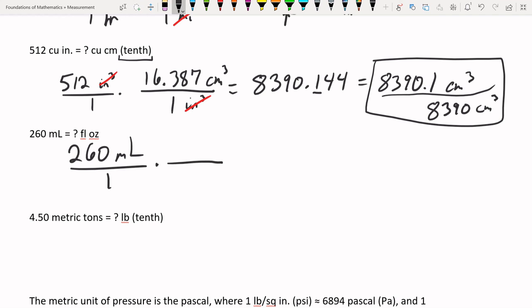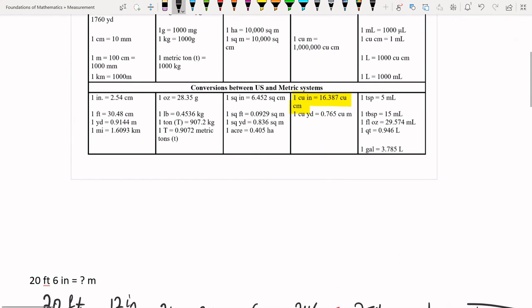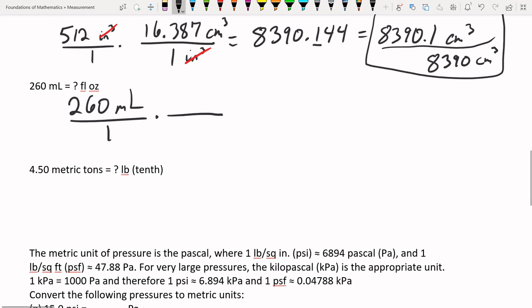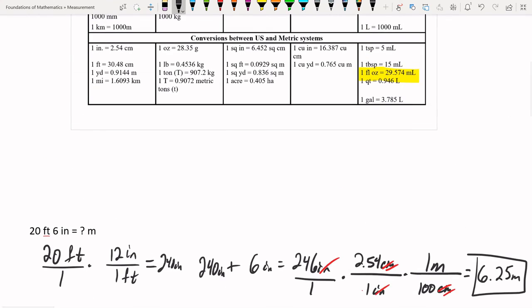Well, let's do milliliters to fluid ounces. Let's check that out. Ounces, milliliters. 1 fluid ounce equals 29.574 milliliters. Let me make sure of that. Yep.